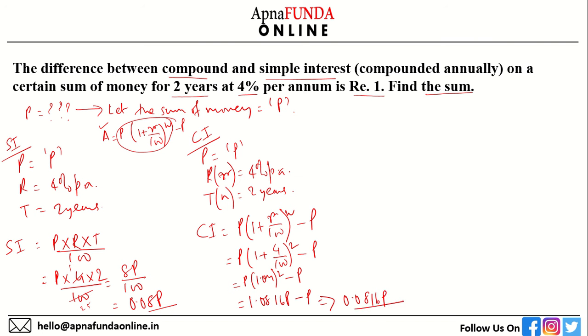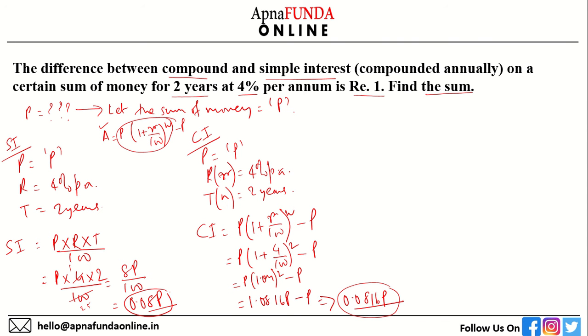Correct? So my simple interest is 0.08P and the compound interest is 0.0816P. I'm taking a 10-second pause so that you are clear with this.